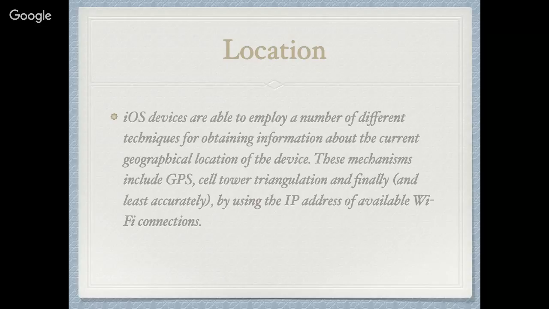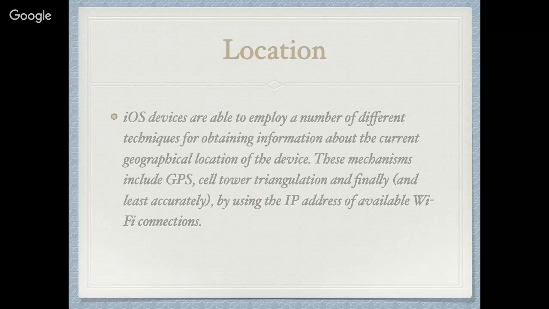What that means is that from wherever you're located in the world today, they use the nearest three cell towers from your pinpoint location, whether it be a person, an airplane, or a vehicle. And then finally, and least accurately, it can use your IP using available Wi-Fi.